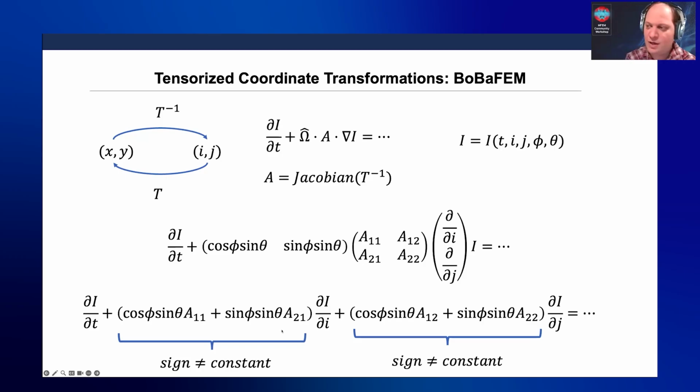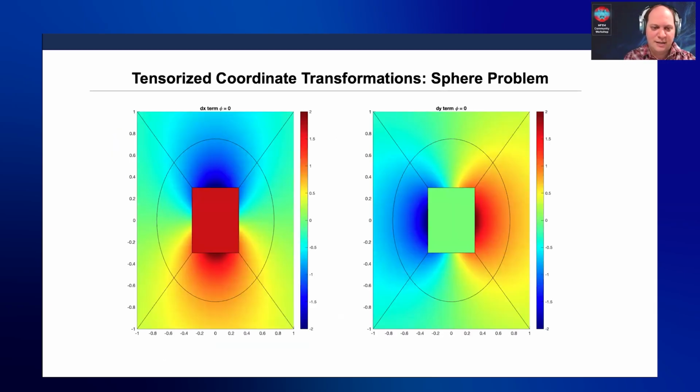But A11 and A21 are functions of space, and there's no guarantee that the sign of this thing is constant on a domain. So I can show you that here. This is just the value of the coefficient for a given angle, and you'll see that there are some places where there's a zero, and so that introduces a complexity in terms of writing things in Kronecker product because I can't just use an upwind operator or downwind operator globally.